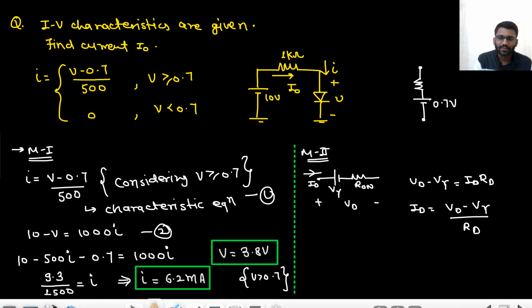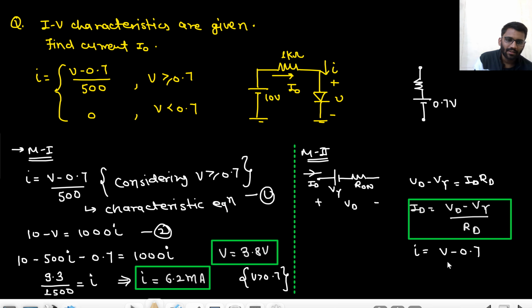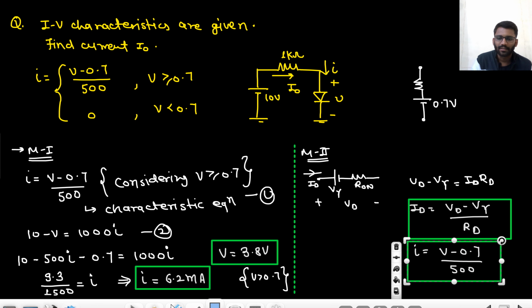Now relate it with this equation. This is the equation given to you, that is I equals V minus 0.7 by 500. So what did you understand? What is the value of V gamma here? That is 0.7 volt. And what is R on?